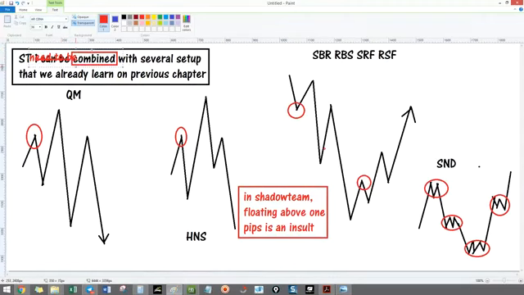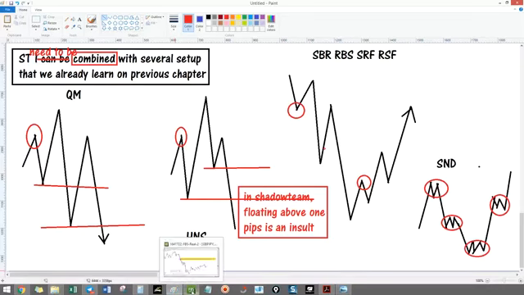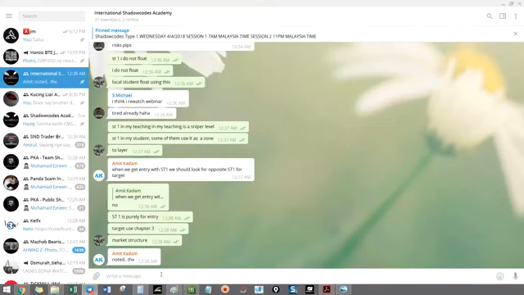Oh, damn. Okay, need to be combined with several stuff we already learned in previous chapters. QM, HNS. We have a lot of entry setups. We also have the target. Okay, that depends on the setup that you want to use. We have the target here. Okay. All right.